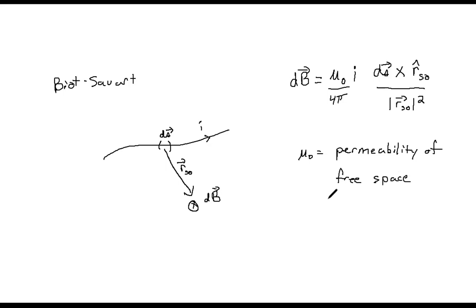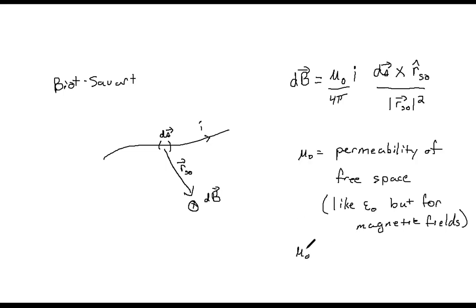It's like epsilon naught, but for magnetic fields. So permittivity goes with electric fields, permeability goes with magnetic fields.